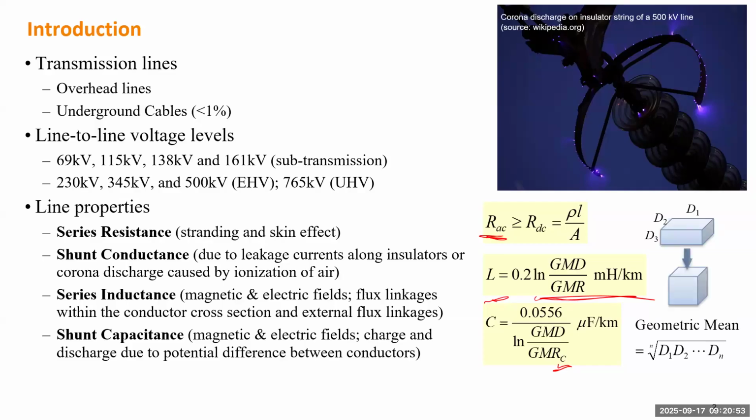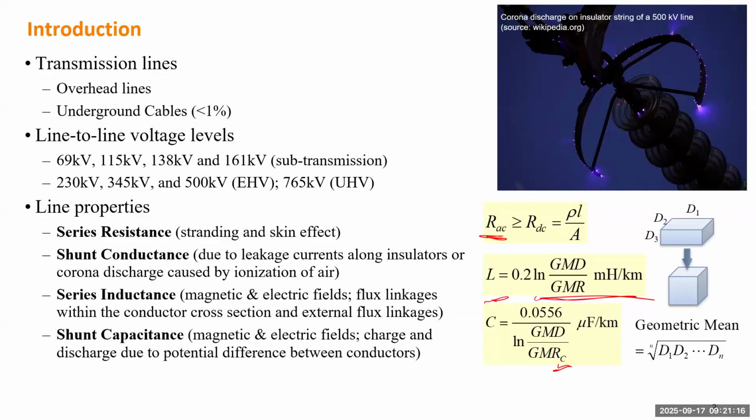Okay, so basically GMR or GMD is just a geometric mean distance or radius of the conductor. Because a conductor is not just a single piece of metal, right? So let's say this is the shape of some conducting material. It's not completely symmetric.